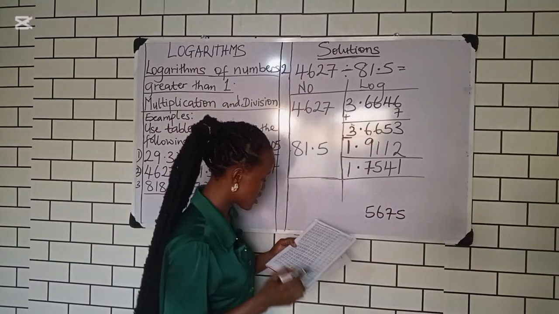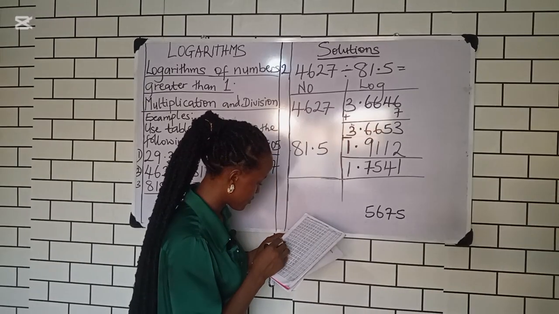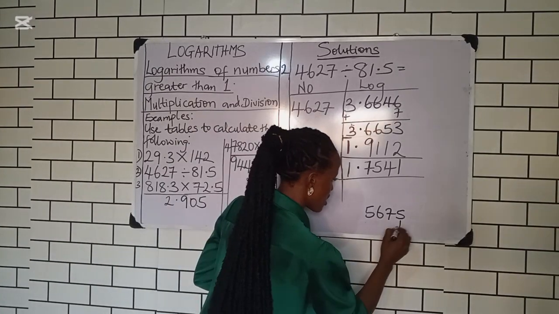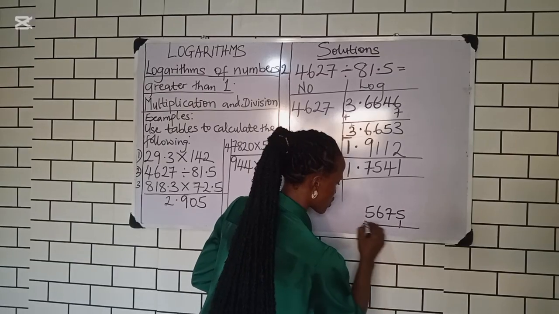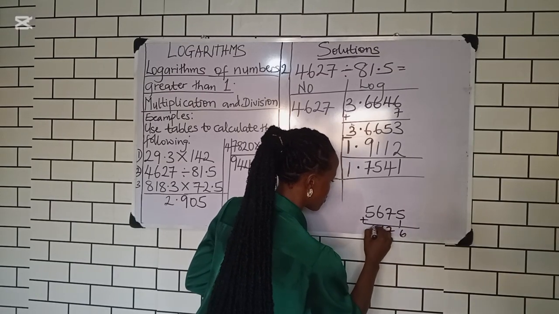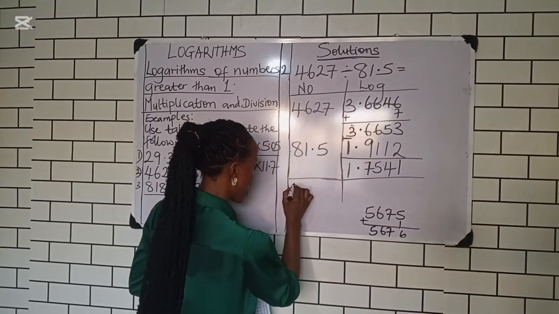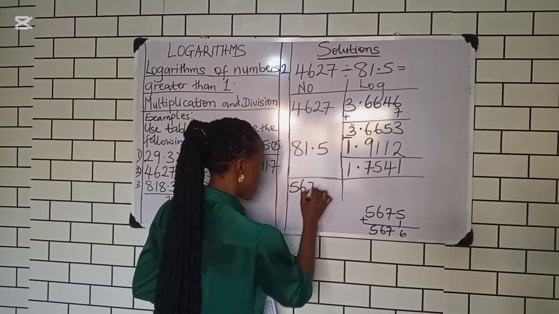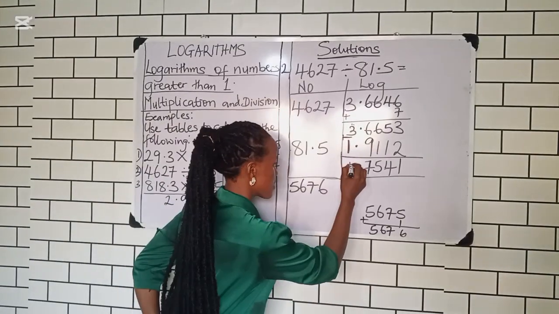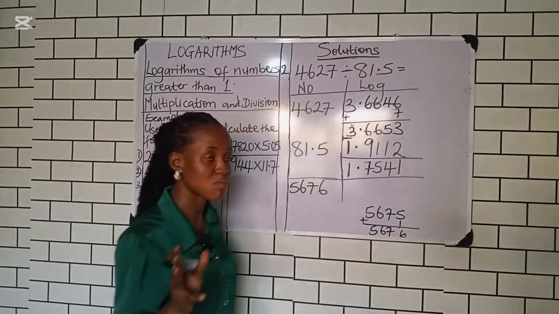The difference of 1 here is 1. We're going to add it. 5 plus 1 gives us 6. Bring down your 7, 6, and 5. Therefore, we're going to have 5676 here.